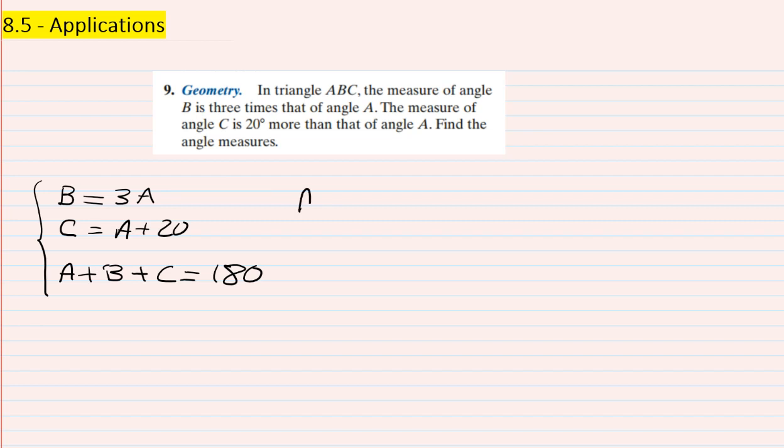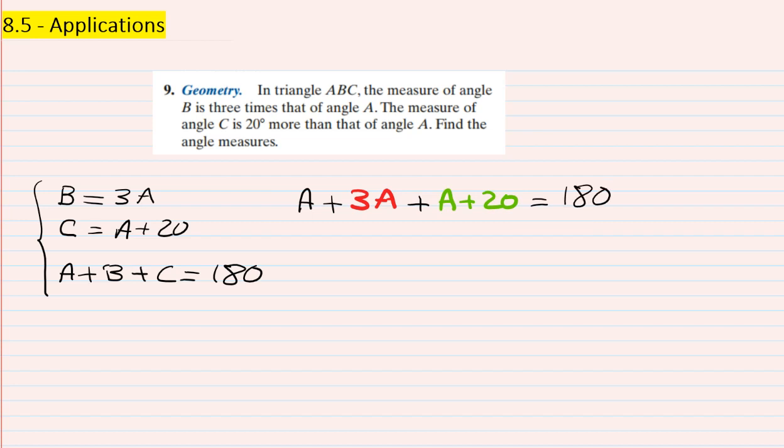So the equation becomes A plus, instead of B, I'm going to write 3A, right, plus, and instead of C, I'm going to put A plus 20. That is, of course, in the third and the last equation, right in here.